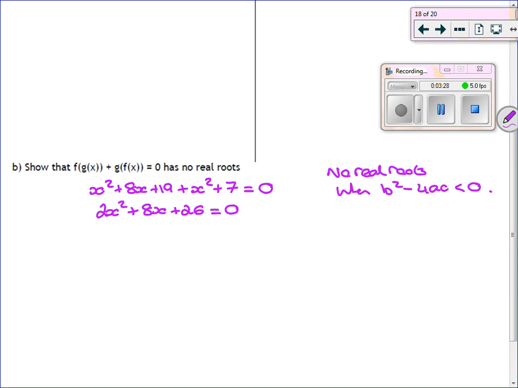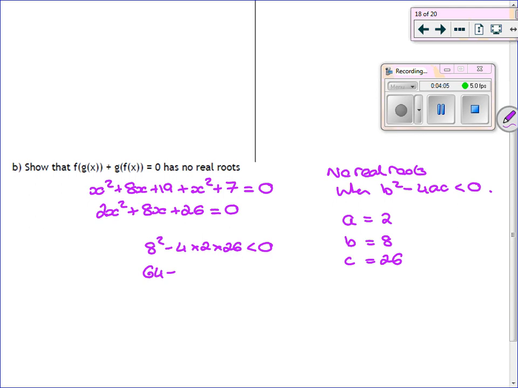So let's plug in the values of a, b and c. a is 2, b is 8, c is 26. So put the values in, so we get 8 squared minus 4 times 2 times 26. Okay, so let's work that out. 8 squared will give me 64.